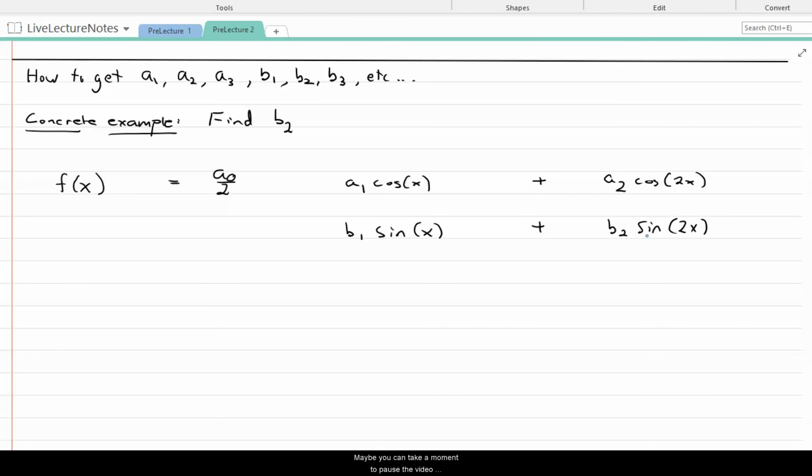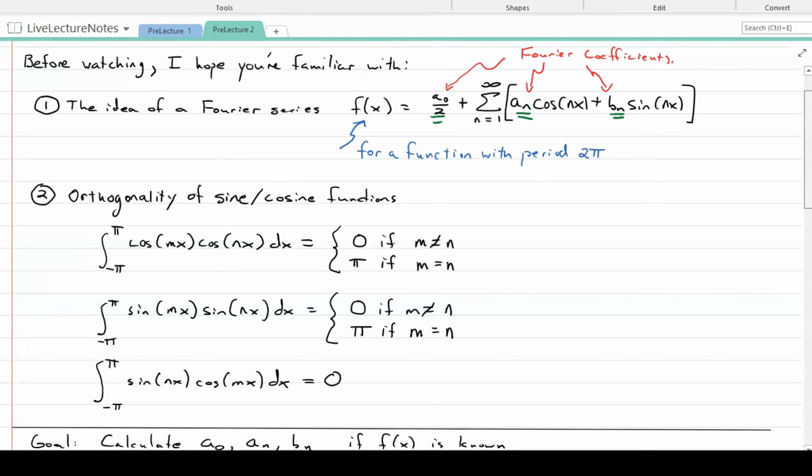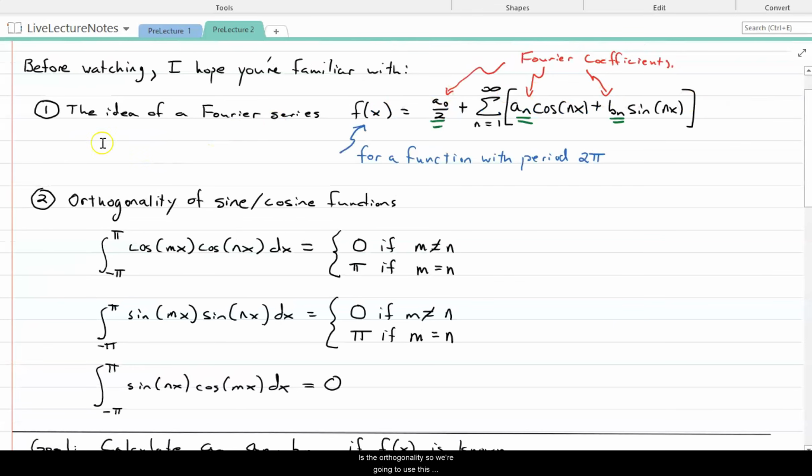Maybe you can take a moment to pause the video and think about what you should do. Sorry, I forgot a plus sign here. And I'll give you a hint. You need to go back up and use the orthogonality that I mentioned you should be familiar with. We're going to use this orthogonality to isolate the thing that we want.